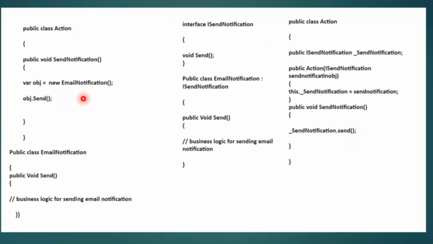I have removed the new keyword, the direct creation of the object from this Action class, and my high level module depends on abstraction, that is, a variable of the interface. In this variable I am getting the object of the EmailNotification class and I am calling the Send method. So this is how we can apply the inversion of control principle.